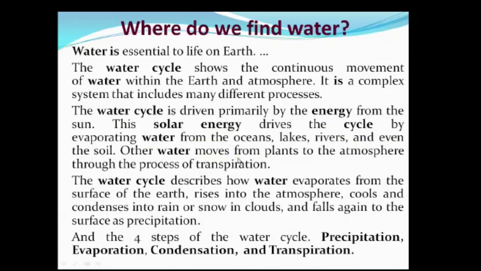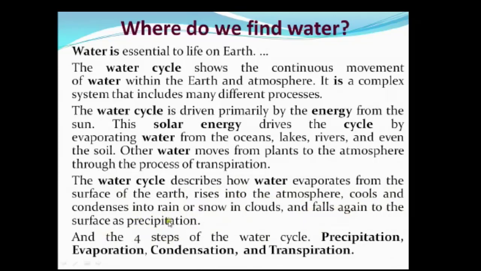Other water moves from plants to the atmosphere through the process of transpiration. The water cycle describes how water evaporates from the surface of the earth, rises into the atmosphere, cools and condenses into rain or snow in the clouds, and falls again to the surface as precipitation.